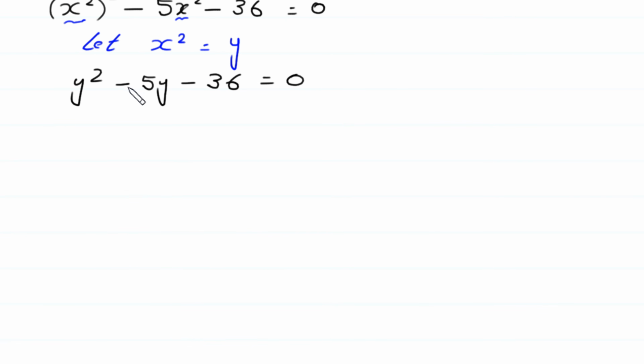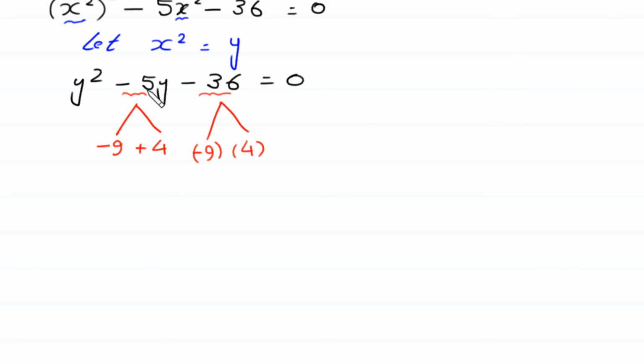Now this is a quadratic equation and can be solved by factorization. The sum of negative 9 and 4 is equal to this negative 5, and the product of negative 9 and 4 is equal to this negative 36.